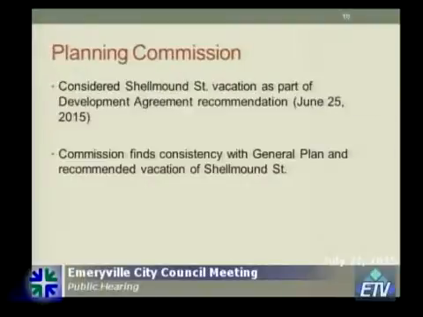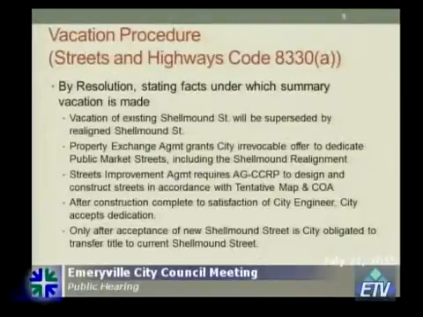No. As I've said here, the title to transfer Shellmound Street only happens at the very end of the process. So before we get to that last bullet point there, all of those other conditions have to be met.